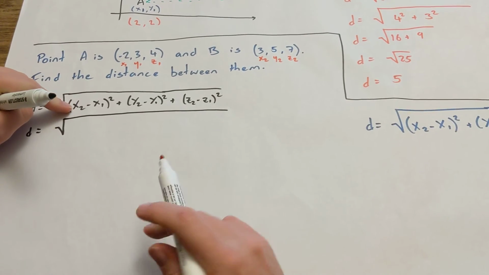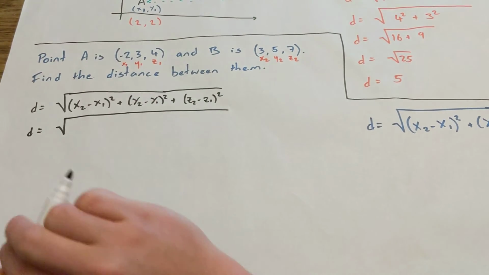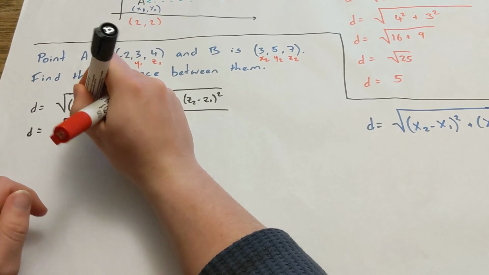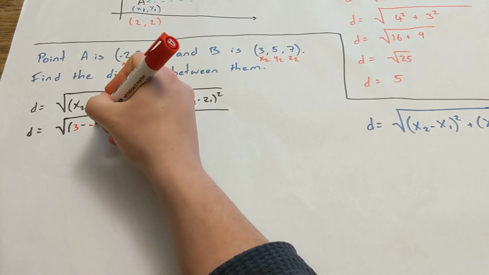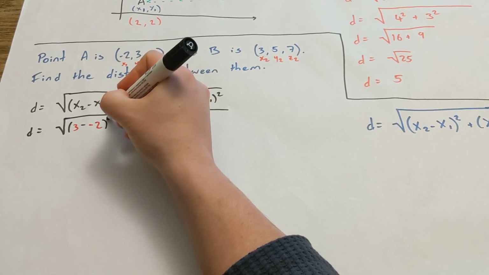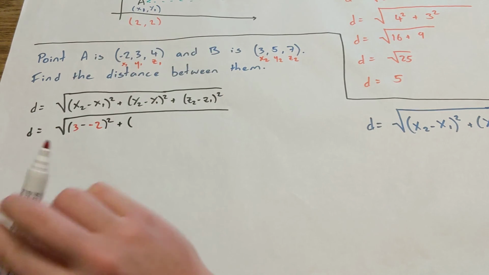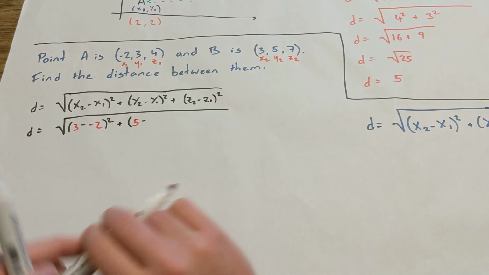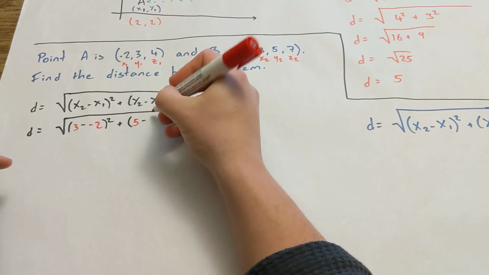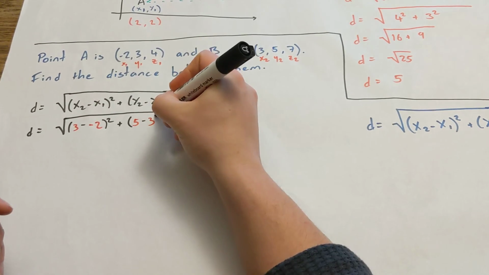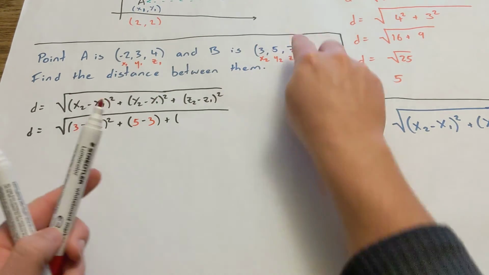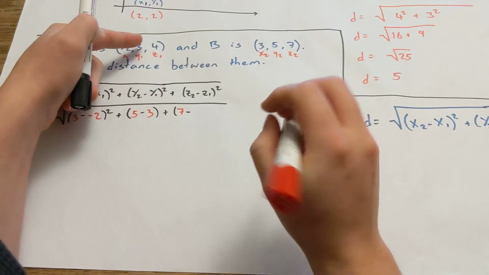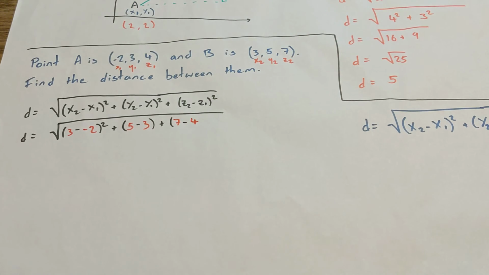So, x2 is 3. x1 is -2. y2 is 5. y1 is 3. And then z2 is 7. And z1 is 4.